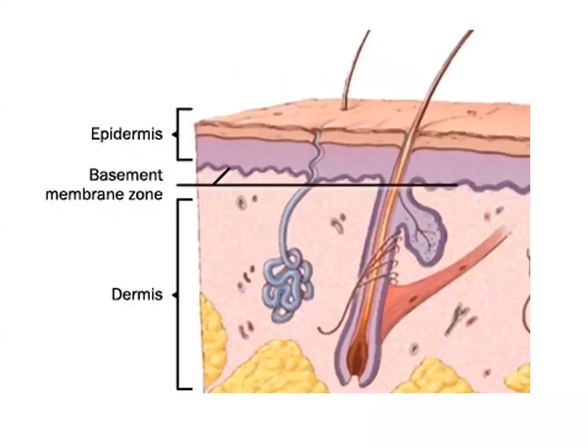So before we go into details of a blister, just to recall your memory regarding the layers of the skin, it contains epidermis and the dermis connected or bound to each other with the basement membrane zone. So any damage occurring in these areas can cause blistering.